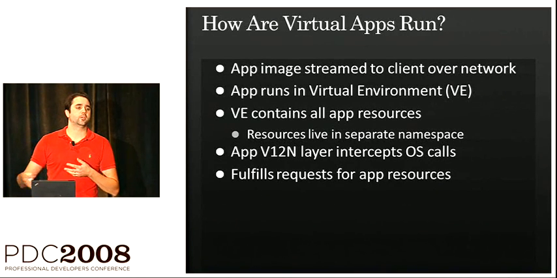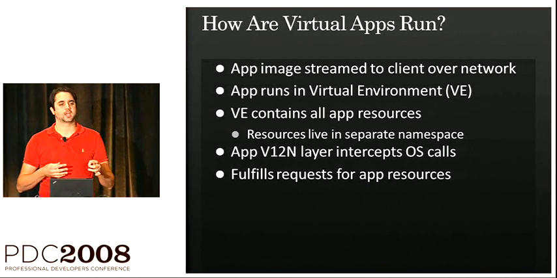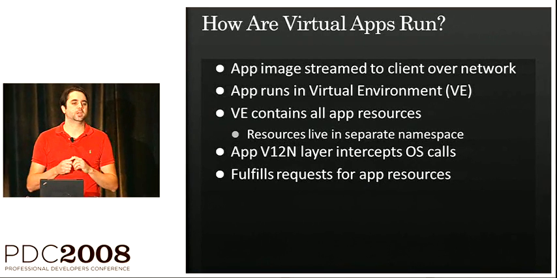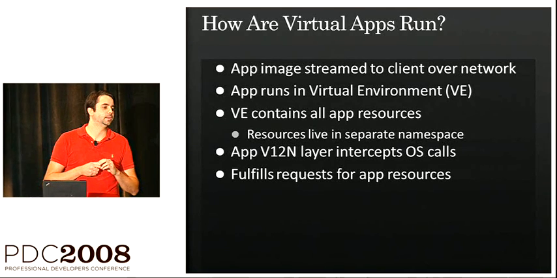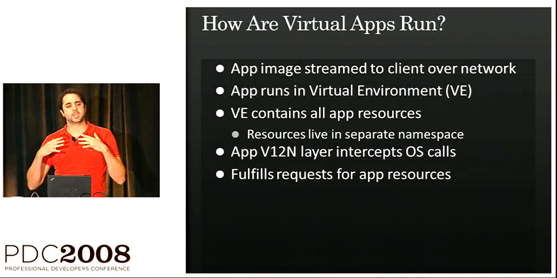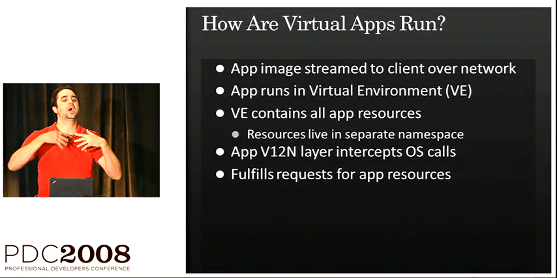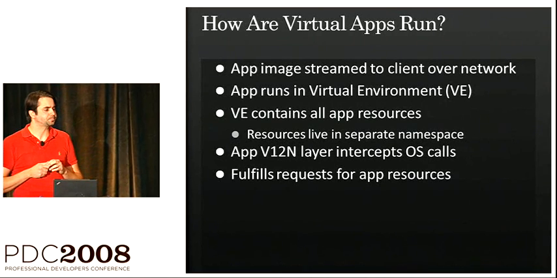If those things weren't there, and it couldn't get access to them in exactly the same way it normally does, then the app would be unhappy, it would crash, and it would be dead. So our virtualization layer is all about taking those resources and supplying them to the application as it's running.